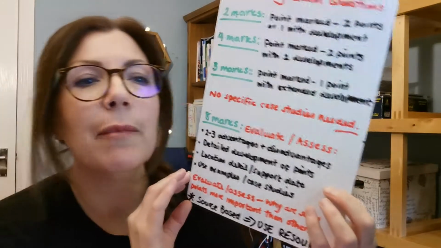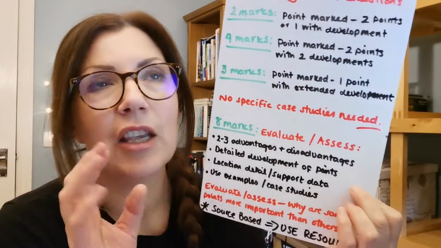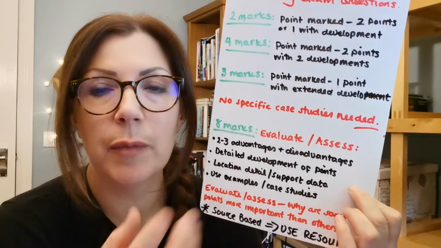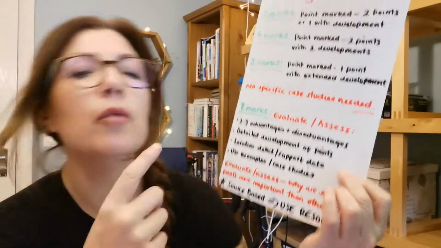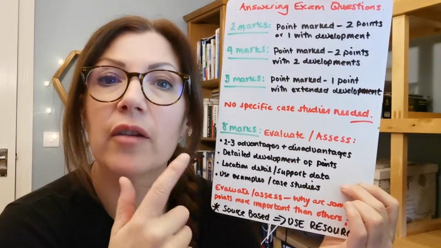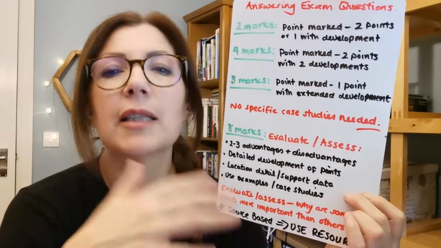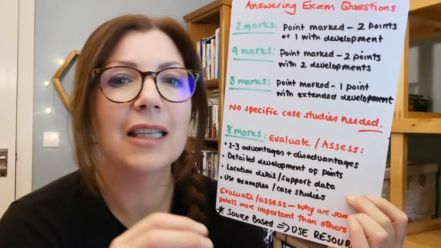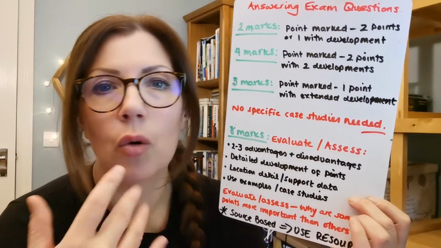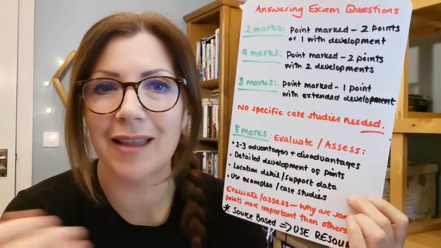Now, in paper 2 in particular, in the UK geographical issues, both the physical and the human, you will get a source with some of these 8 markers, and you must use the source. So in paper 1, you tend not to be given a source. You're just asked an assess or an evaluate question on cities or sustainability or whatever it is, tectonics or hurricanes and things like that.